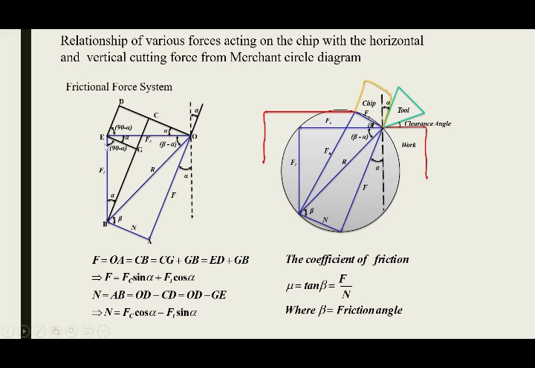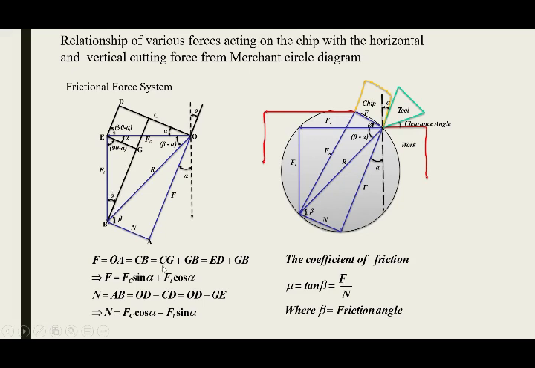So again this is 90 degrees, so this angle will be 90 minus alpha. If this is 90 minus alpha, then again here this is 90, so this angle will be alpha.